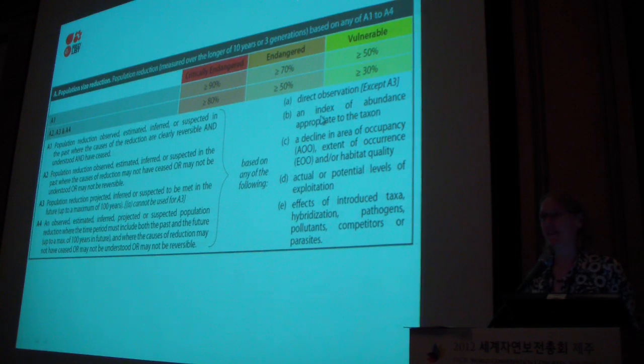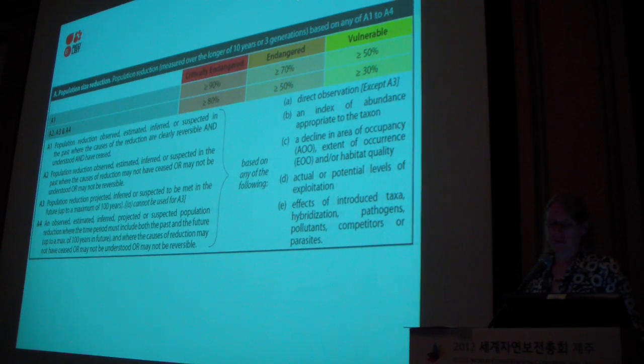You may be using an index of abundance, so trade estimates or catch per unit effort or some other sort of modelling exercise that we use to calculate the rate of reduction. You may be using the general decline of the range area, shrinkage in the range, or deterioration in habitat to infer or suspect your rate of reduction.